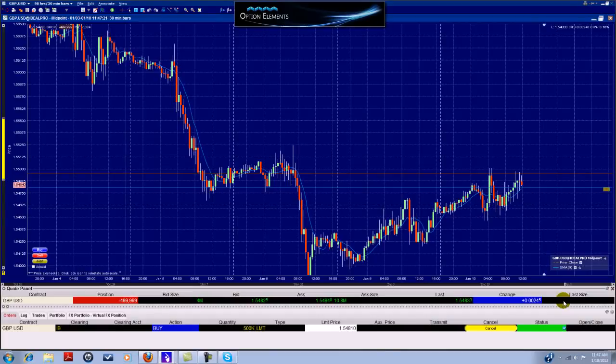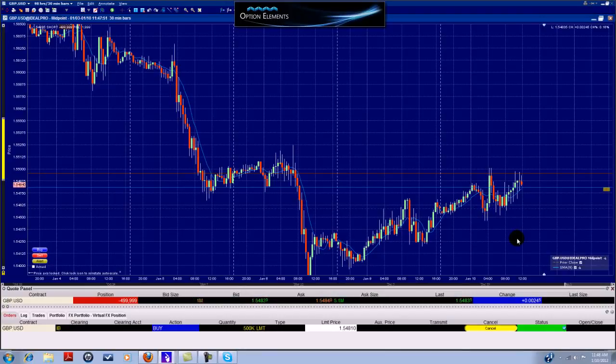Okay, we're getting close to possibly getting filled to cover our short 500 of the British pound USD. We've got a bid in at 81. Market's 82 by 83 roughly. Hopefully you can see this blue line and the red line. The red line's where we went short, and the blue line is where we're going to be covering.